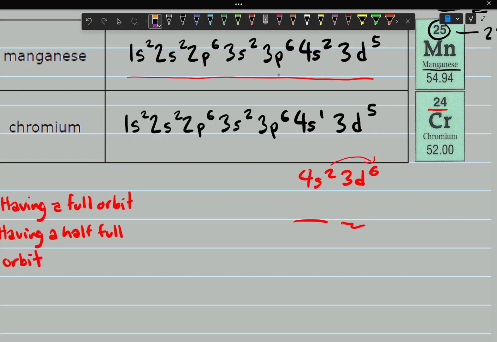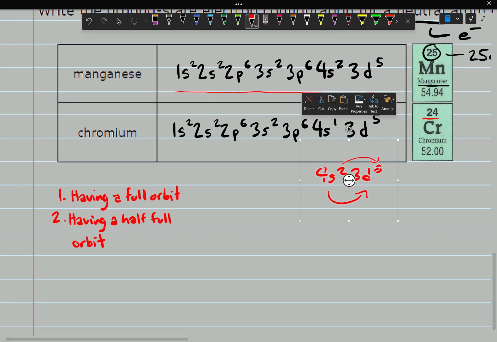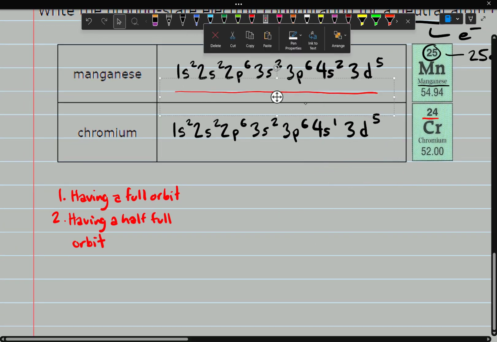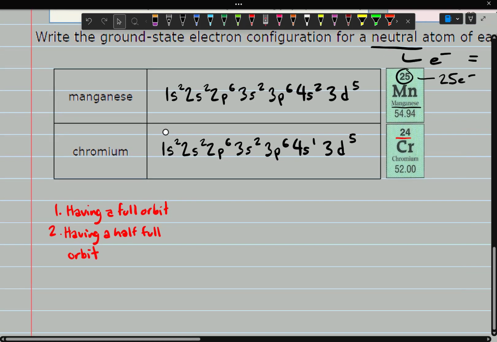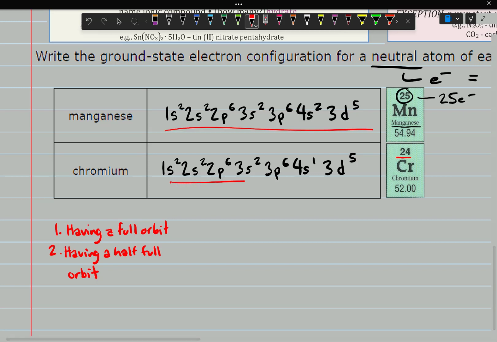So you only lose an electron in your s orbital if it's going to complete either a half-full or full d orbital. And so that's the exception that you have to look out for when writing these electron configurations. So be careful when filling these out. So these are the final answers for the electron configuration of manganese and chromium. I hope this helped.